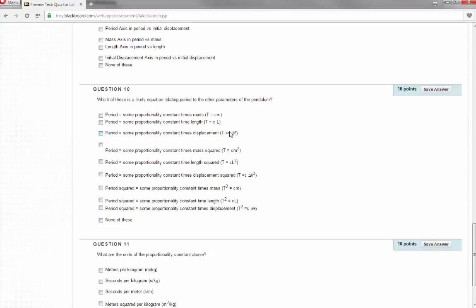You can eliminate these ones that have angle or mass in them because we established that angle and mass don't affect period. So basically we're looking for something that has a period in it and a length in it. It should be a period squared and a length to the first. So this one's out, this one's out, this one's out. Here we go. Period squared equals constant times length. So we select this one.